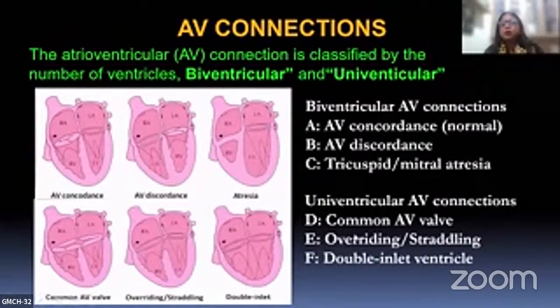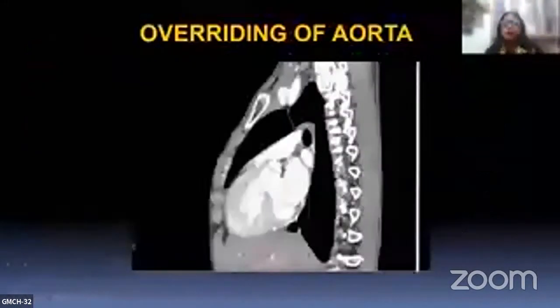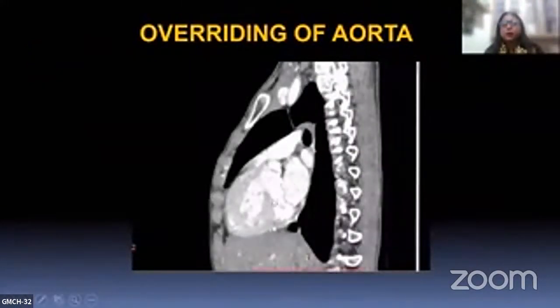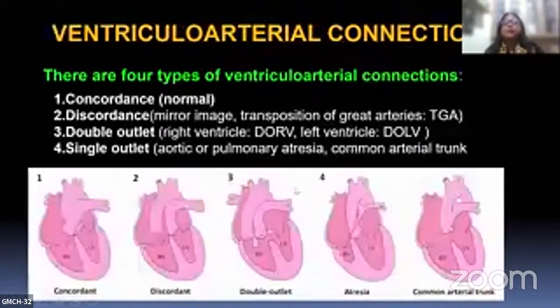In univentricular atrioventricular connections, it can be a common AV valve between the two-sided chambers. There can be overriding of the aorta, as shown here, or there can be a double inlet ventricle. This overriding of the aorta we commonly see in patients of TOF. Ventriculoarterial connections can also be of four types: concordance, that is normal.